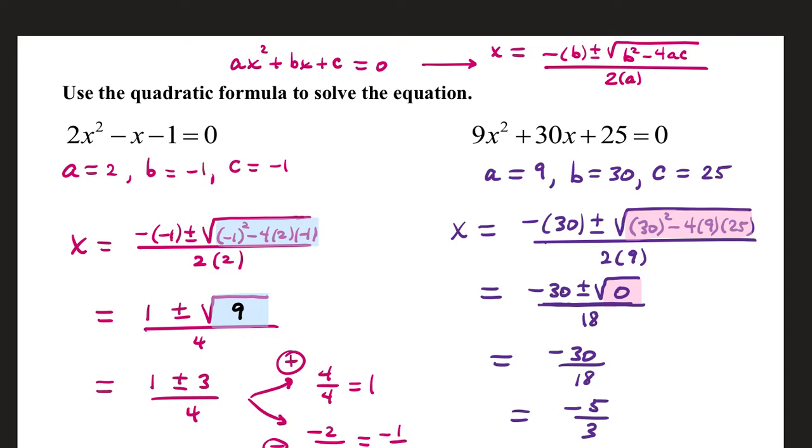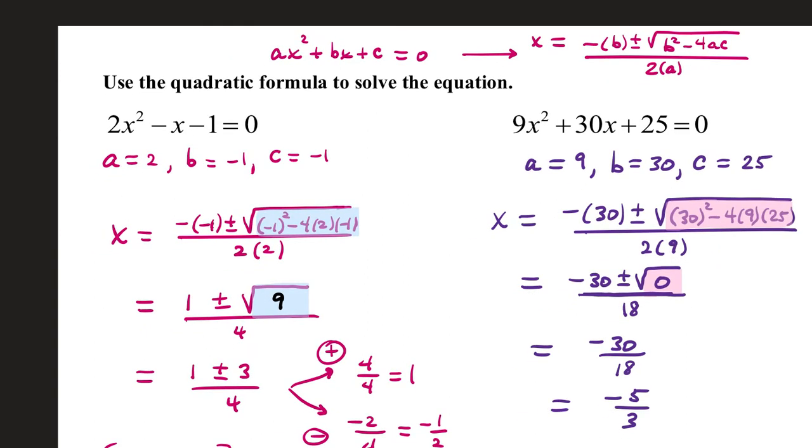Let's look at our first example at the top left. Use the quadratic formula to solve the equation 2x squared minus x minus 1 equals 0. First, always check to make sure all your terms are on one side and in order. Once you've verified that, for this particular equation, a is 2, b is negative 1, c is also negative 1.